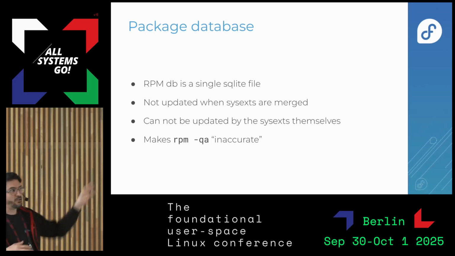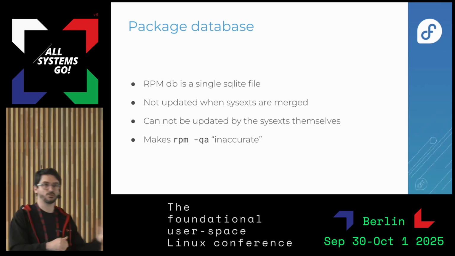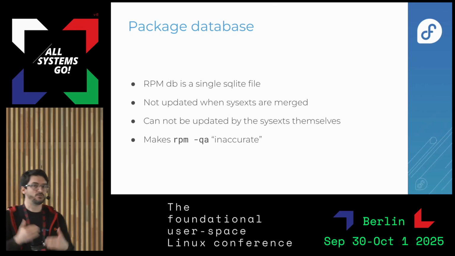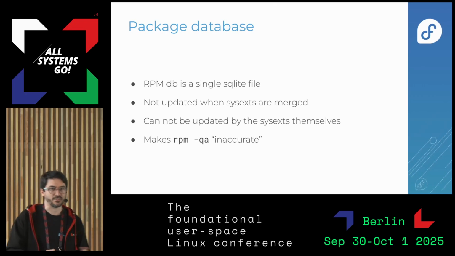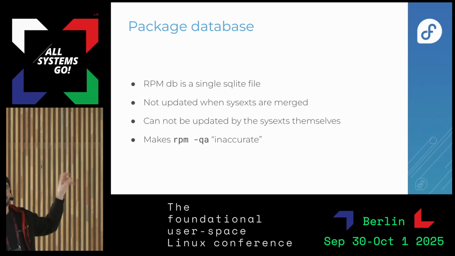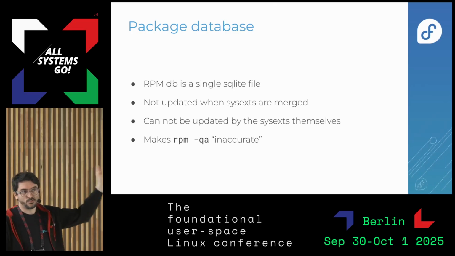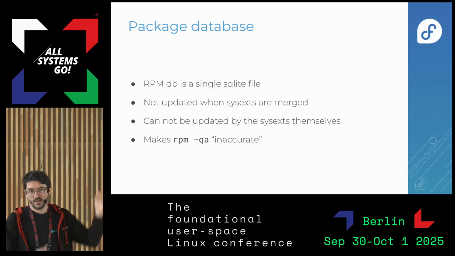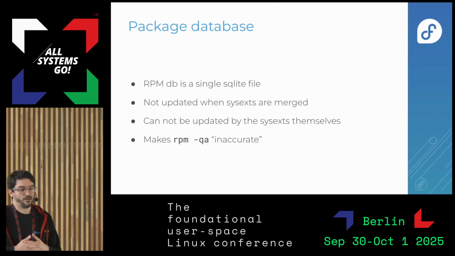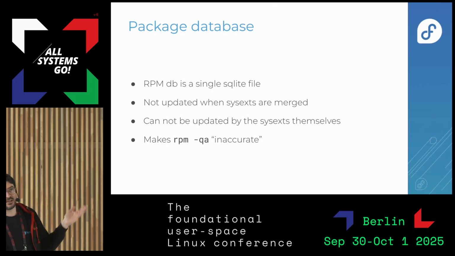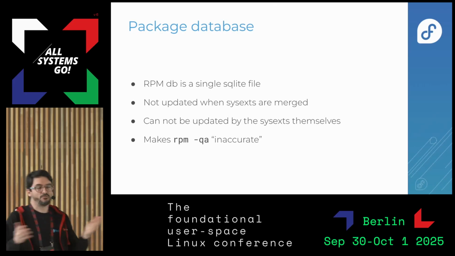But it's pretty nice when you have an image and you can run rpm -qa and get a list of what it installed. It would be nice if I could do that for the Sysexts as well and get the rpm -qa of each of my Sysexts, for example, or have the content from the Sysexts merged into the rpm -qa from my host system so that I have the full view. Right now, it's not possible, as far as I know, because the RPMDB is a single SQLite file, so we would have to do tricks.